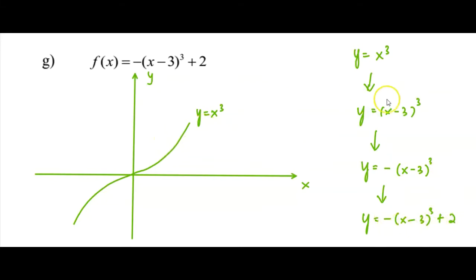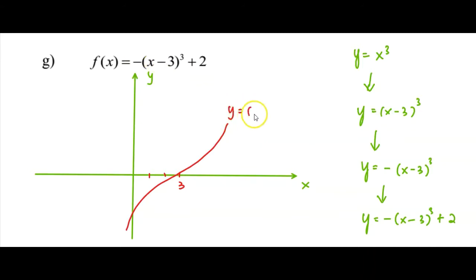Start from here. To sketch x minus 3 cubed, I'm going to move my graph 3 units, 1, 2, 3, to the right. Okay, I have this. Then erase the basic graph. This is your y equals x minus 3 cubed. After that, taking the negative of x minus 3 cubed, I will reflect my graph about the x-axis.